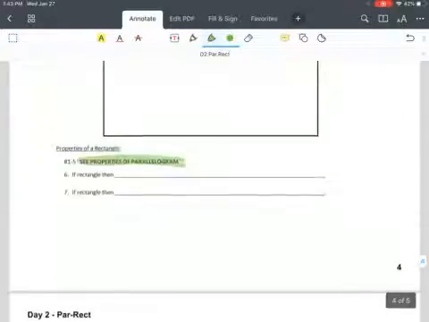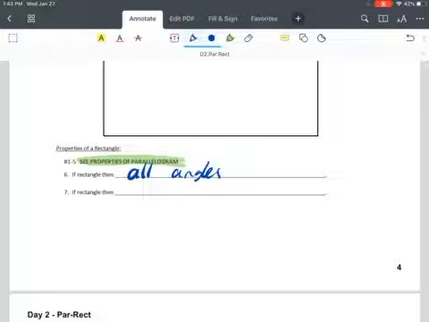But then we're going to add 2 properties. In a rectangle, all angles are right angles.